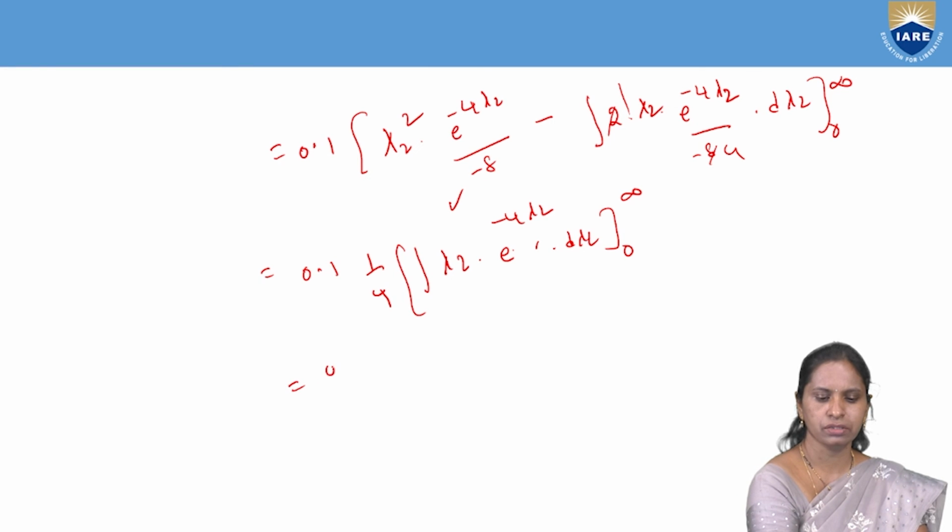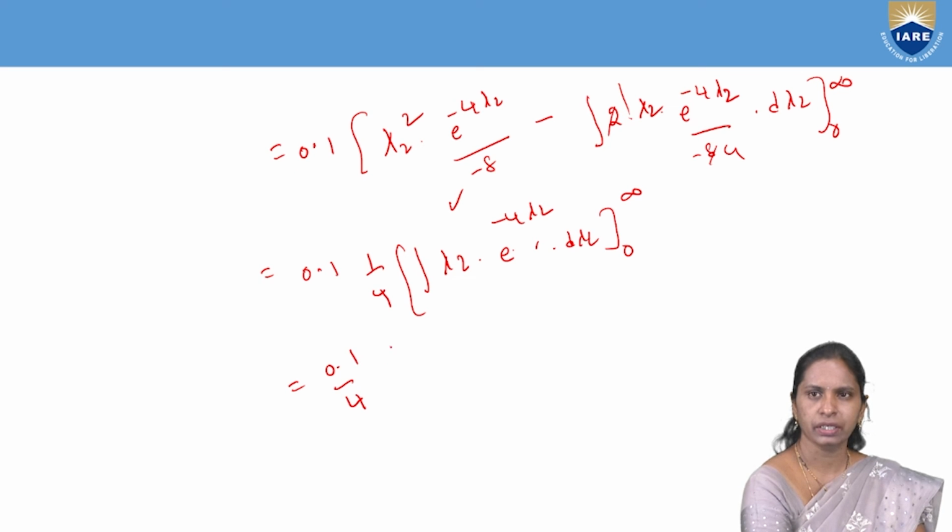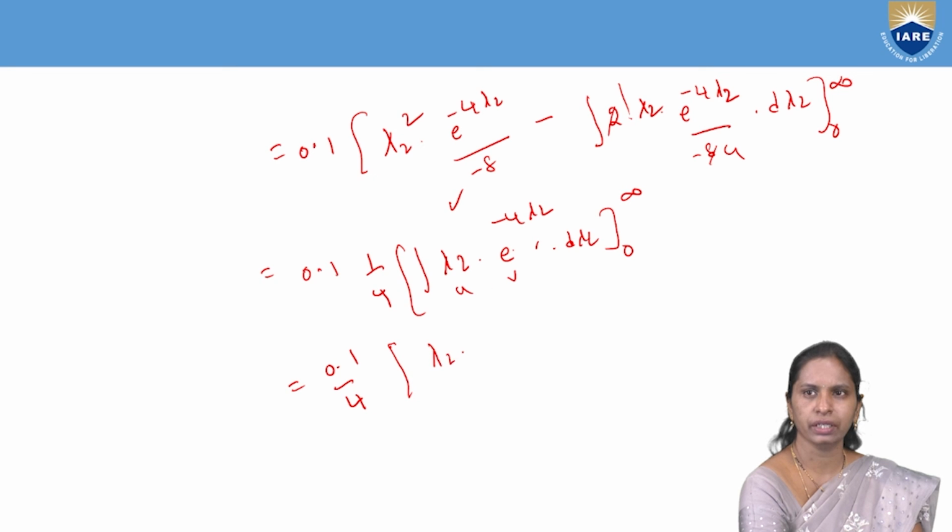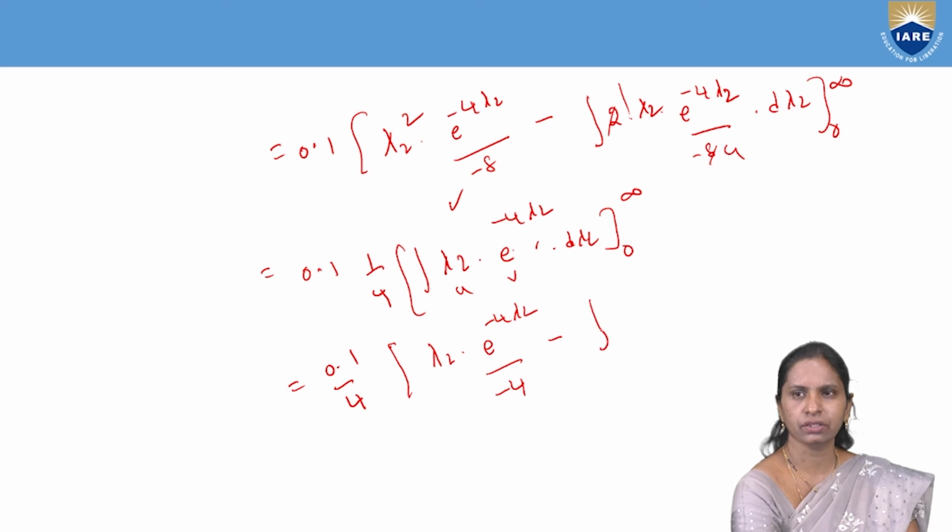That equals 0.1 by 4. So integration of uv again is u into integration of v, e power minus 4 lambda 2 by minus 4, minus integration of u dash.